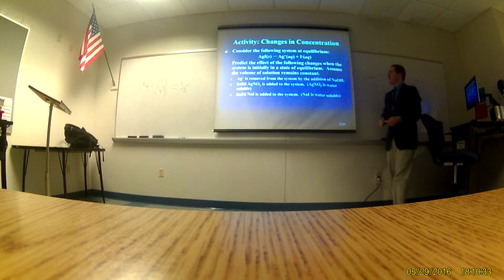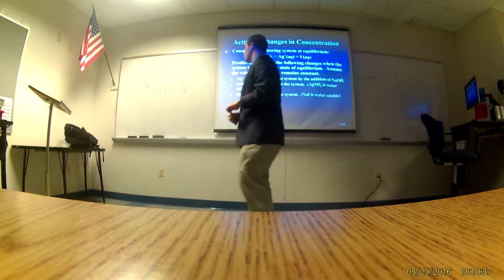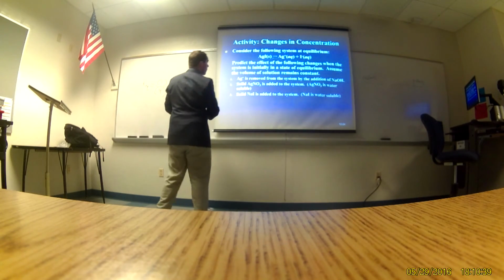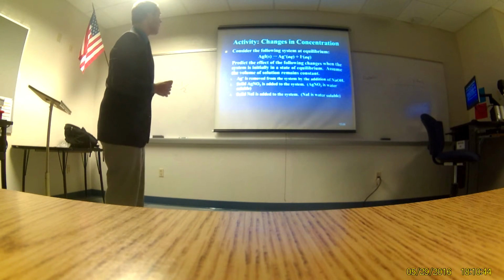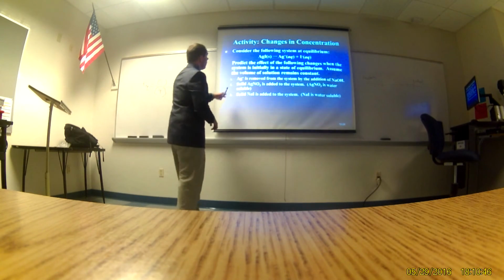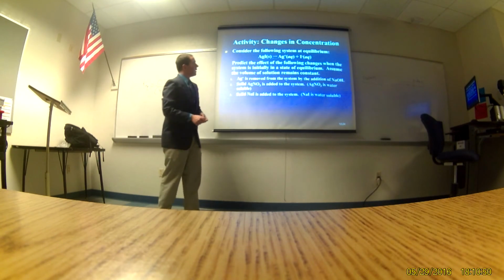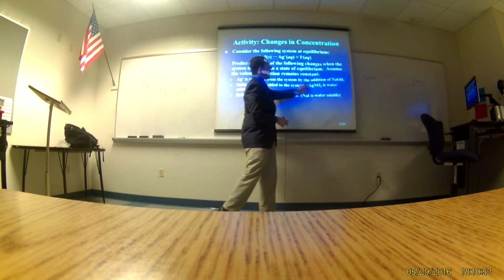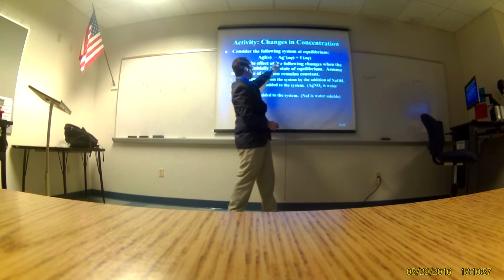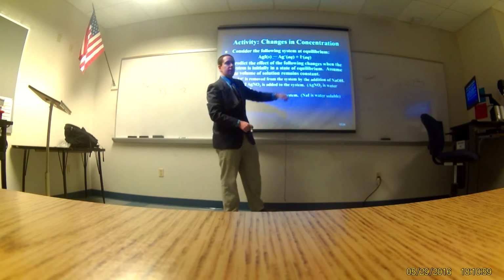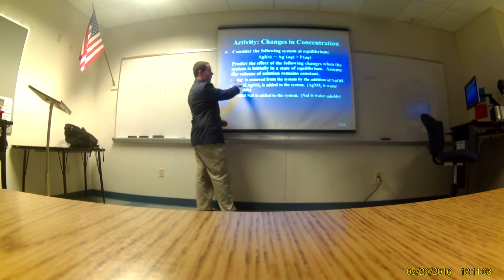So we have this reaction, and we're going to do some stuff to it. We have to predict which direction the reaction is going to shift. Number one is silver ion is removed. It tells us how, but that's not important, because NaOH is not up here anywhere. What you need to focus on is silver ion is removed.